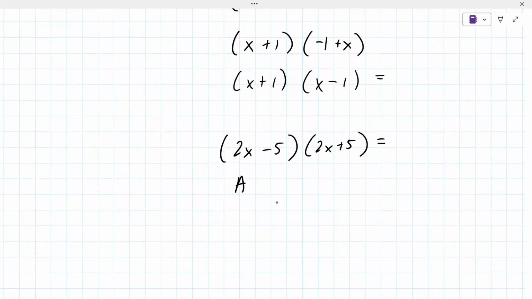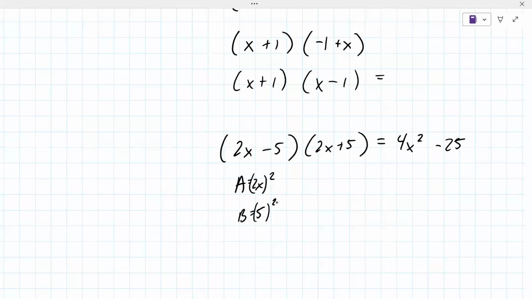In this case, the a is 2x and the b is 5. So you're squaring the 2x, you're squaring the 5. What does this become? That would be 4x squared minus 25.